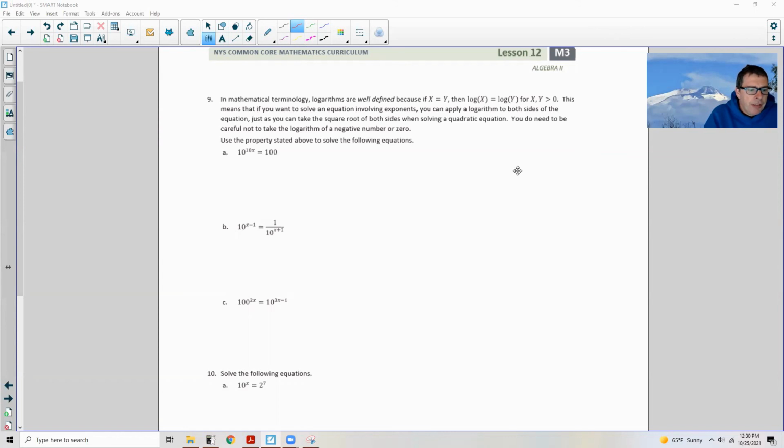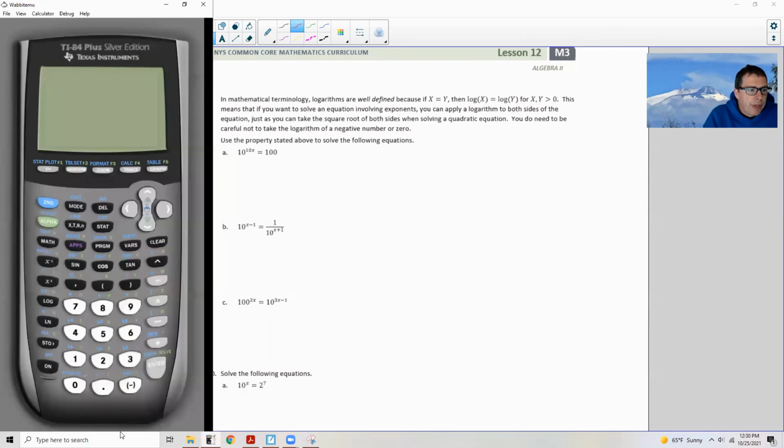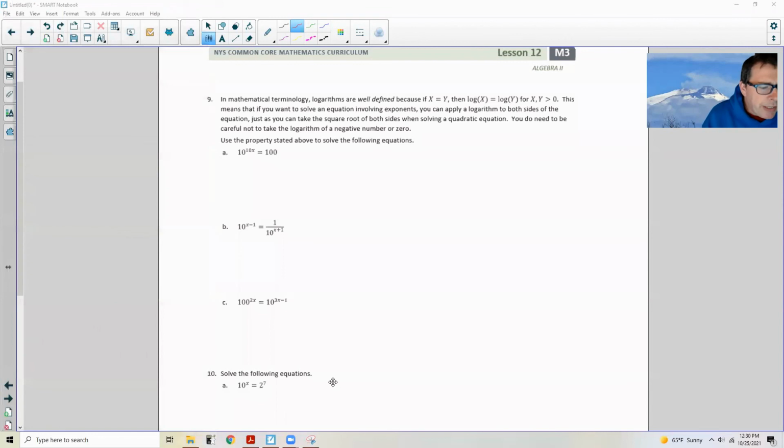Okay, and why is that? Well, let's take a look just real quick. If I turn my calculator on and clear it and I take the log of 0, I get an error domain. It cannot happen. We cannot take the log of 0. Well, what if I take the log of -2? Error, non-real answer. Okay, so we can't take the log of a negative number.